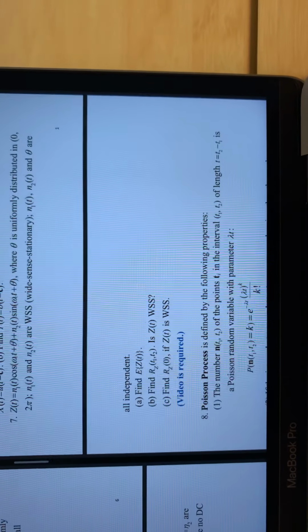The first sub-question is we should find the expectation for Z(t).